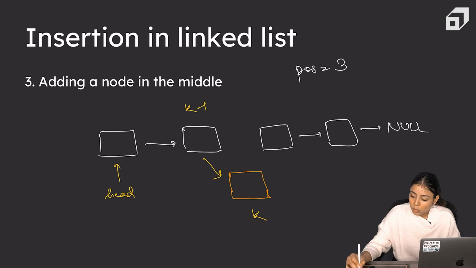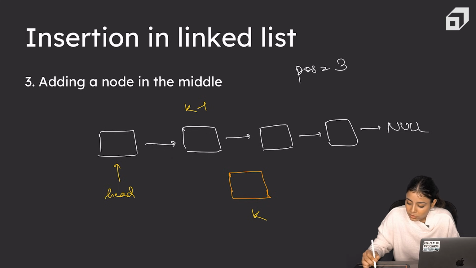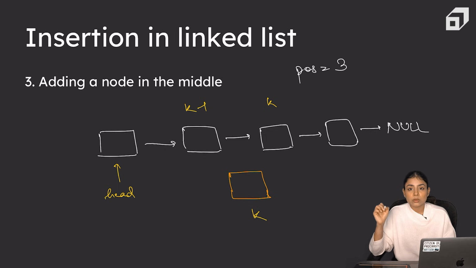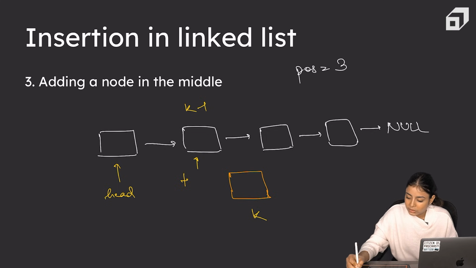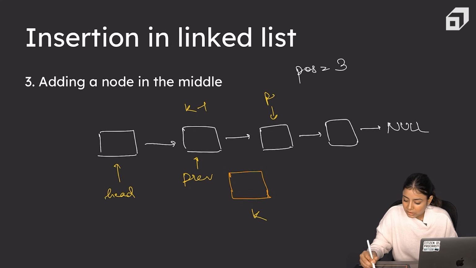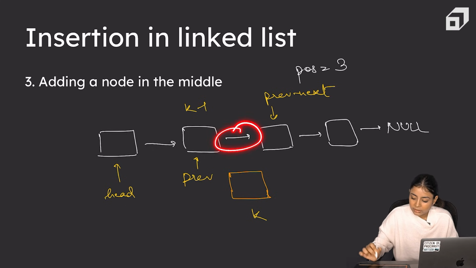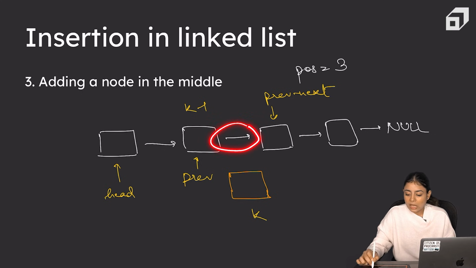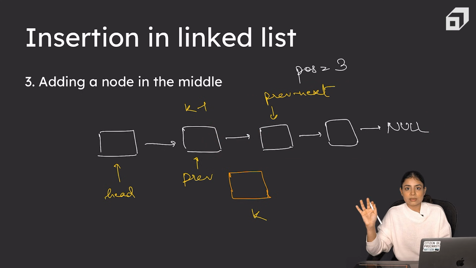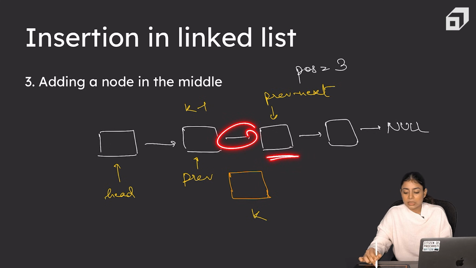And before I change that, I also need access to this node, which will be the temp node, or let's call it the previous node. So this is the previous next node. Before I change this link, if I change it, I won't have access to the rest of my linked list, because this is the only link that gets me to this particular node.